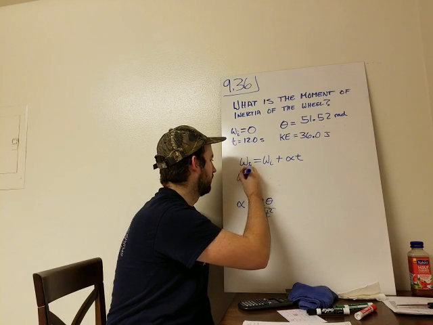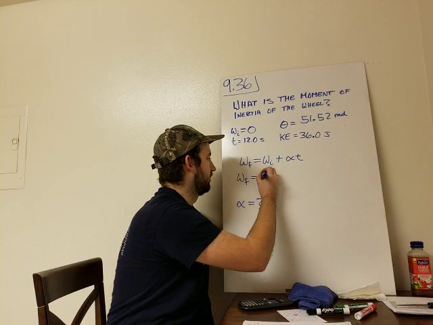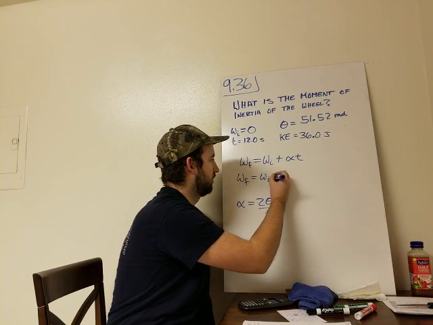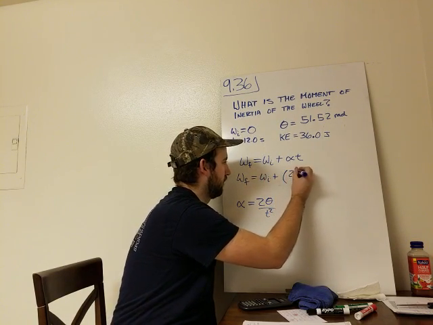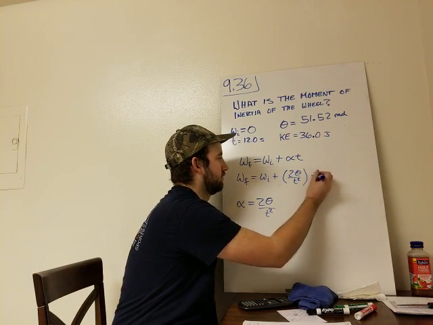So the final angular velocity equals the initial plus 2 theta over t squared times t.